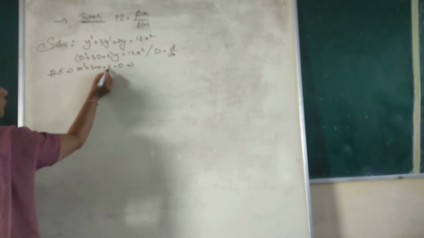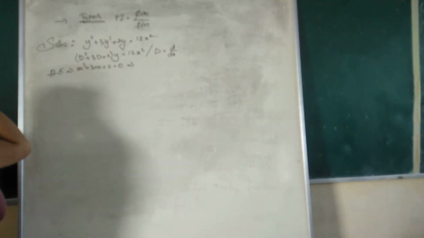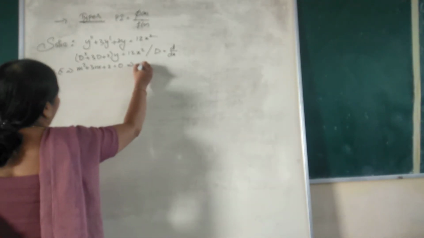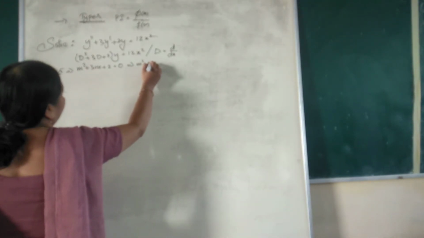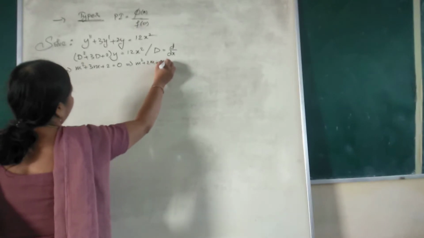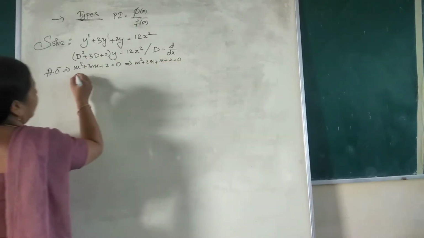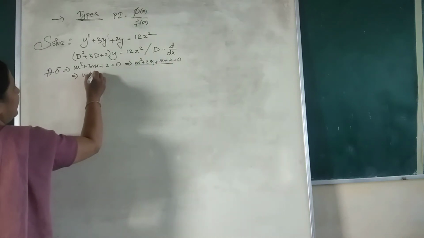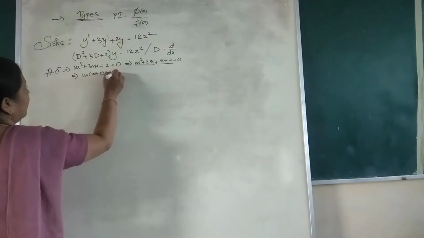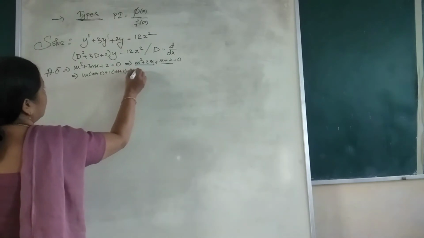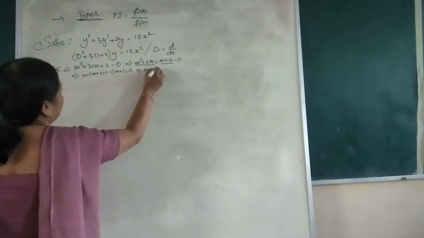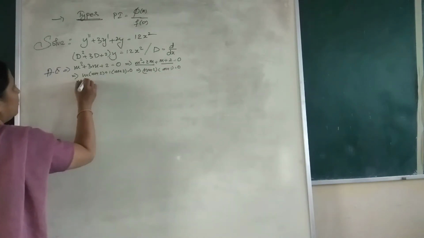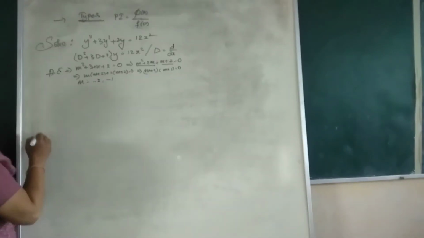Finding the factors of 2, we get 2 and 1, which add up to give the middle term 3. So m square plus 2m plus m plus 2 equals 0. Taking common factors by grouping, m into (m plus 2) plus 1 into (m plus 2) equals 0. So we have (m plus 1) into (m plus 2). Therefore, m is equal to minus 1, minus 2.